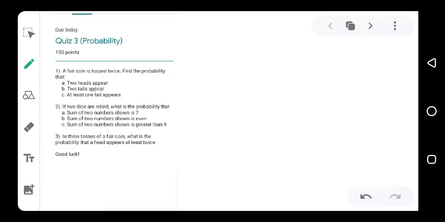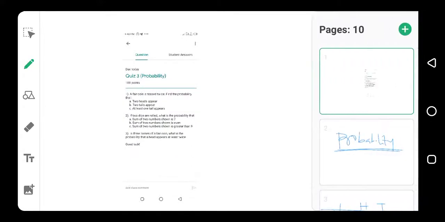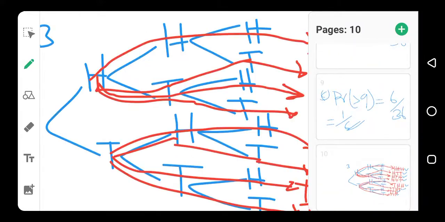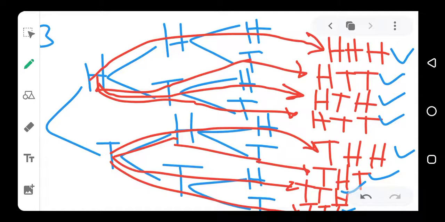That is, which one contains at least 2H? At least 2H. So we come to this side again. In the sample space, which one contains at least 2 heads? So we count anyone from 2, 3, and above.